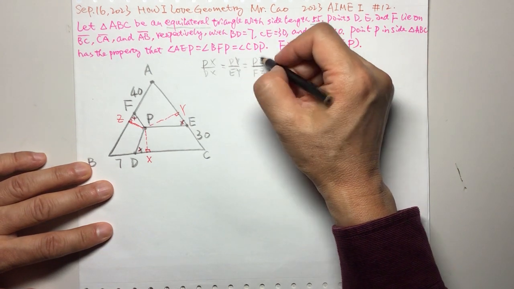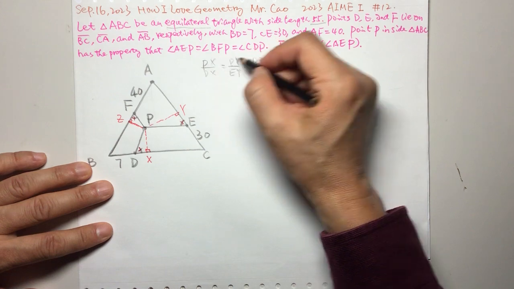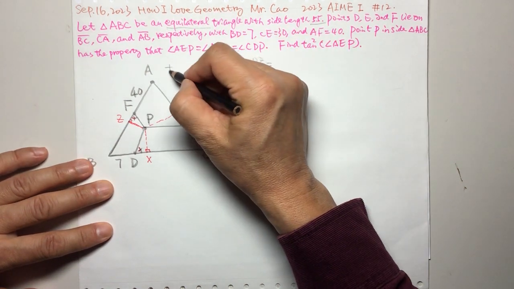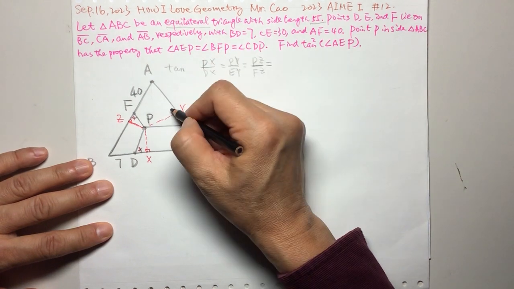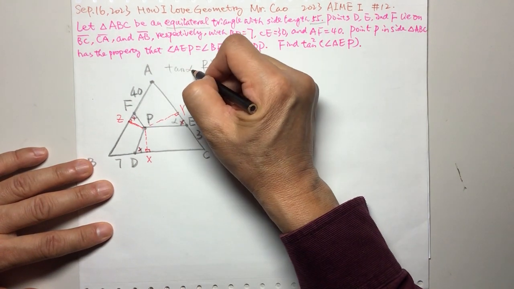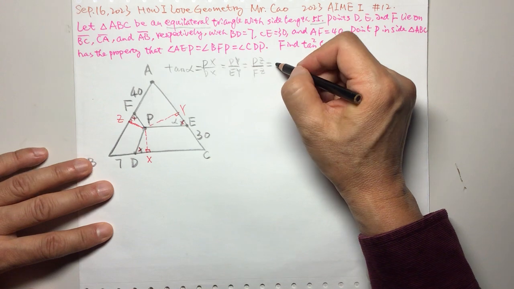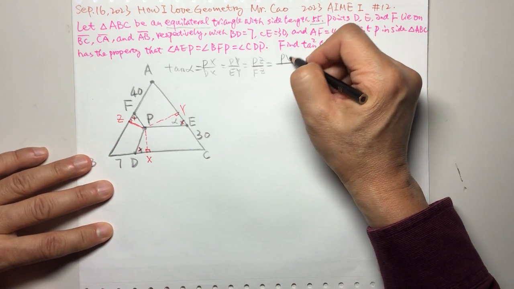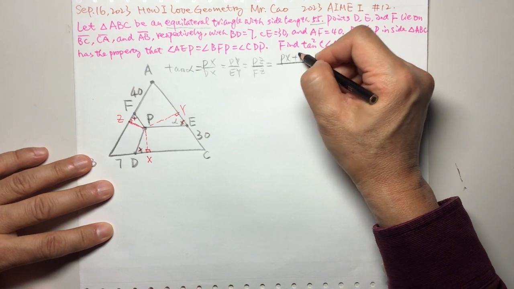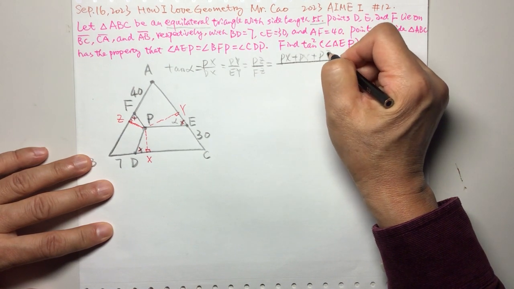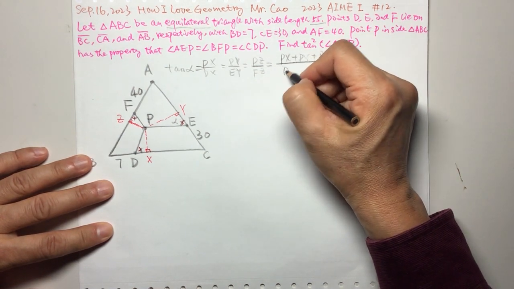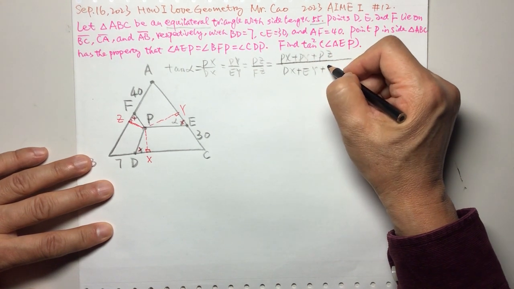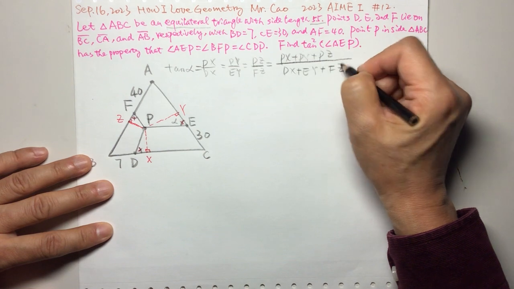So if we say alpha, that's tangent alpha equals this one. We can put them together, right? PX plus PY plus PZ over DX plus EY plus FZ.